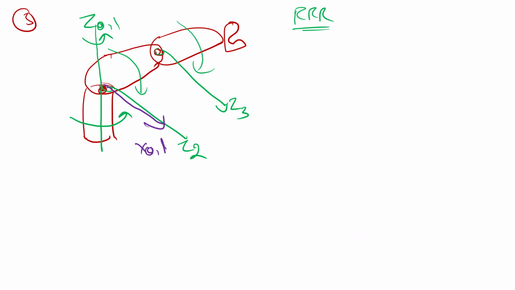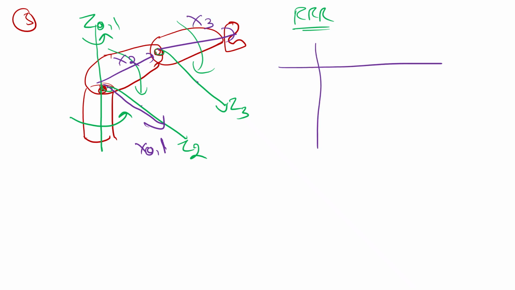Here is the plane, so perpendicular means I'm going to draw like this: X0, X1. Then for X2, you have to draw the common normal, so this is my X2. For X3, you draw the common normal between Z3 and the next one, so this is my X3. So we have derived all the axes.